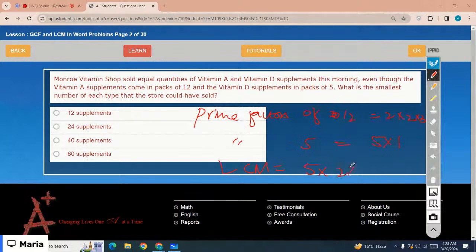You have to do 5 times 2 times 2 times 3, right? 5 times 2 is 10, 10 times 2 is 20, and 20 times 3 is 60. That means the correct option is 60 supplements. Got it? The correct option is 60 supplements.